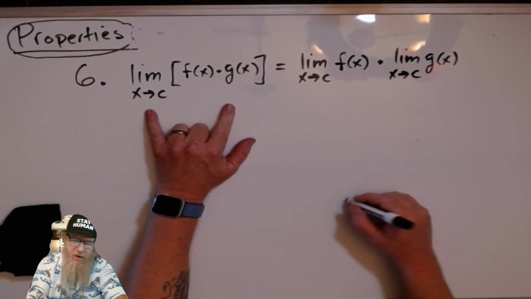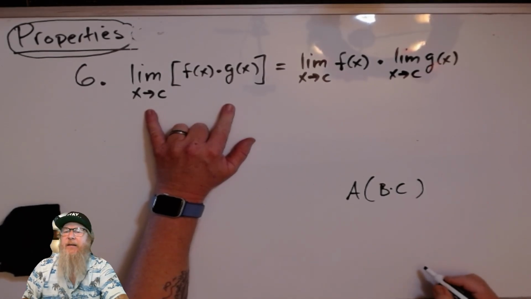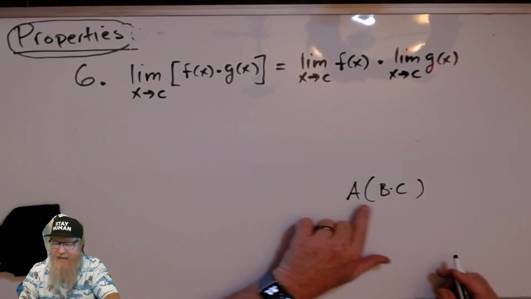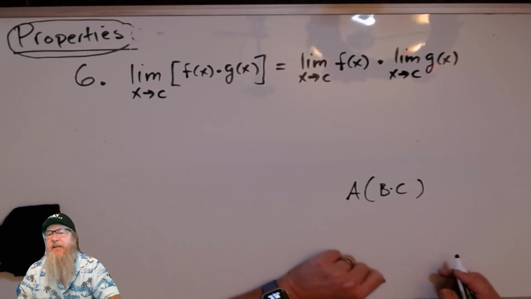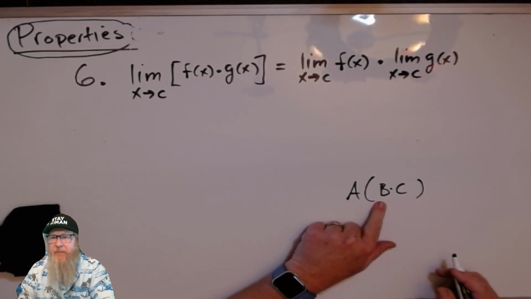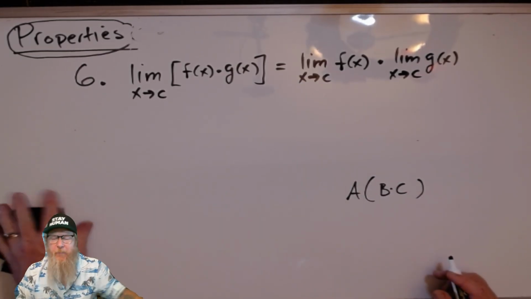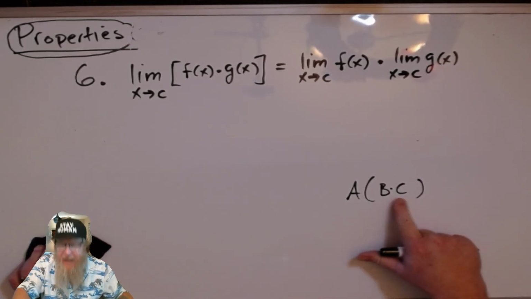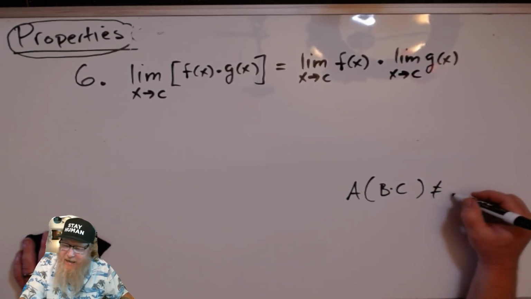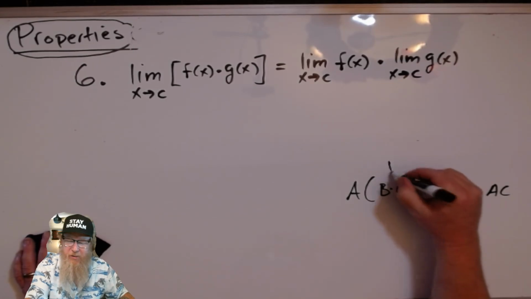So if you said A times B times C in algebra, now if these were not limits, these were algebra, it would not be A times B and A times C. It would just be A times B and then times C. Or you could use one of the other properties, A times C and then times B. So this is not equal to AB times AC. This is not true in algebra.